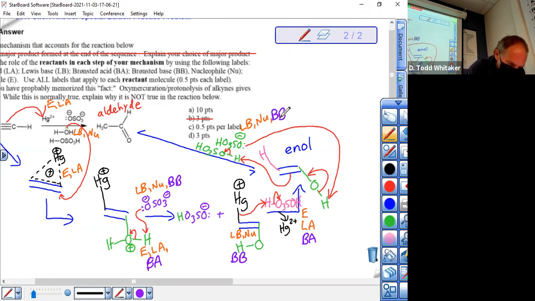Now go down to the area where there's a proton being attacked and just say it's an ELA. And it's a proton being attacked, so it's also a BA. And then there's another attacker. This is attacking a third molecule. So where it's the attacker, this portion of the molecule is acting like a lubnu.